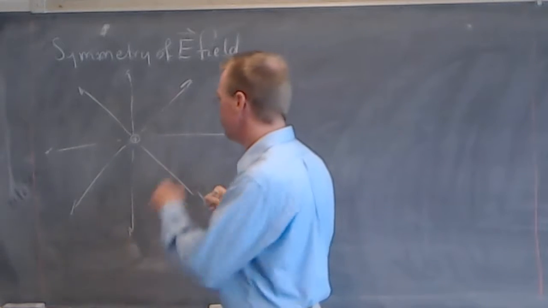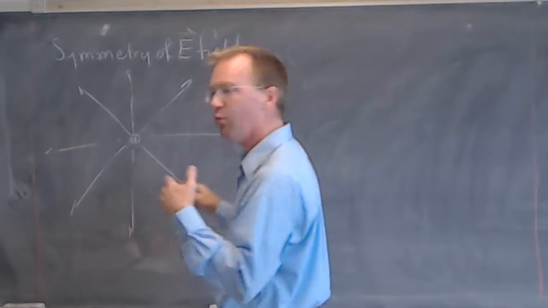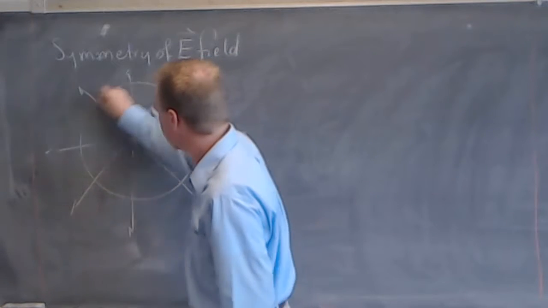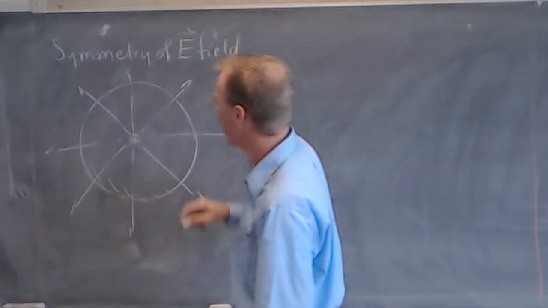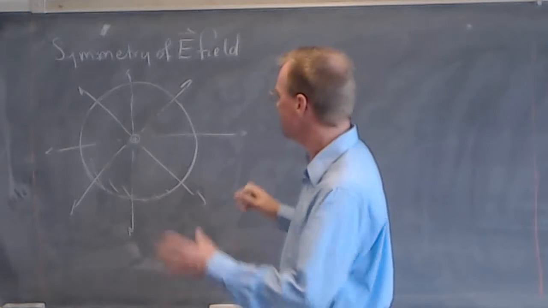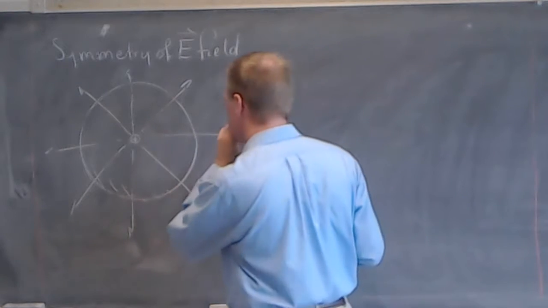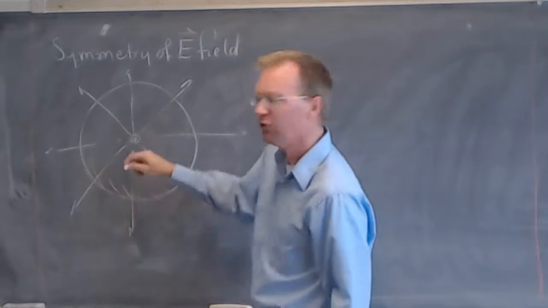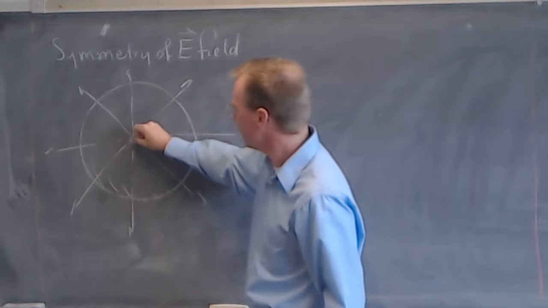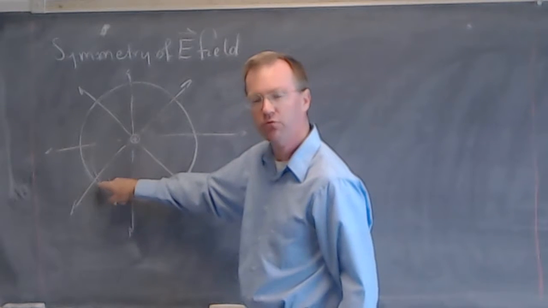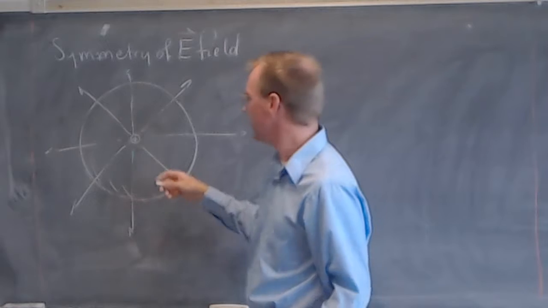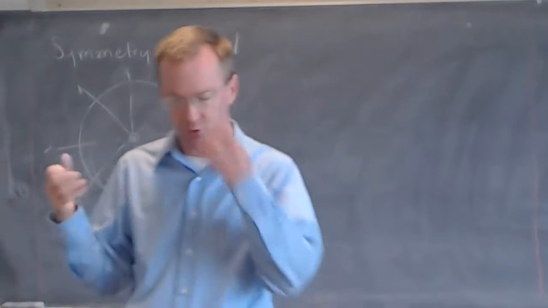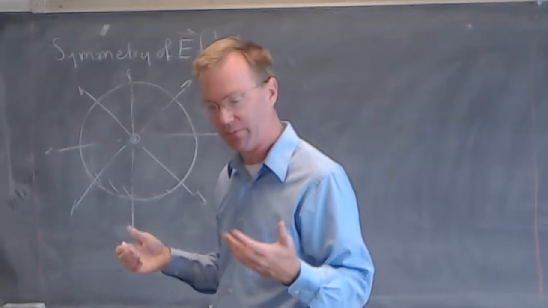We call that a spherical symmetry. So I could draw a sphere surrounding this here, and you would see the electric field lines point from the center of the charge through the surface of this imaginary sphere, and they act as radius lines. So they have the one coordinate, the one dimension that really matters for the sphere.